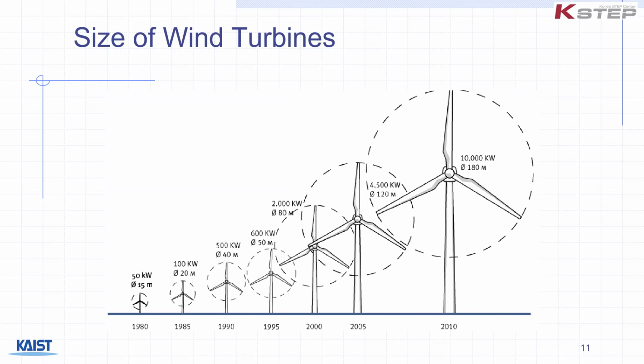And also I put in your midterm exam some questions on that. So the size of the 10 megawatt wind power system in 2010, the diameter is 180 meters, right? Very big, right?